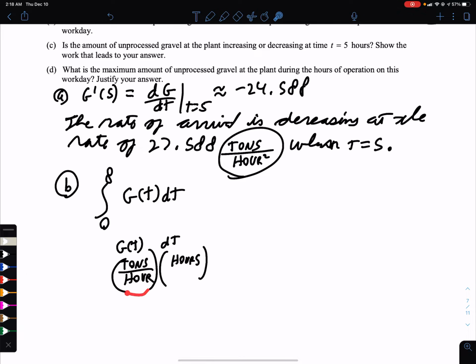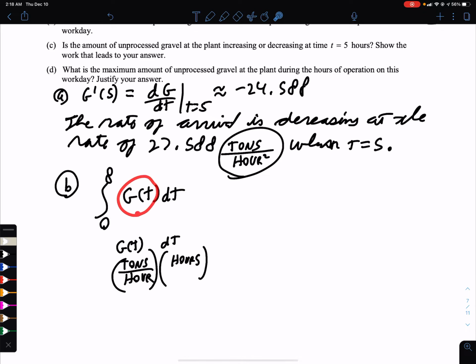So if you multiply a rate of arrival times the time, that tells you how much gravel has arrived. But what does integration do? If you remember from the last section, it multiplies the height times the width and adds up all those rectangles. So integration is really multiplying. You're multiplying these two.